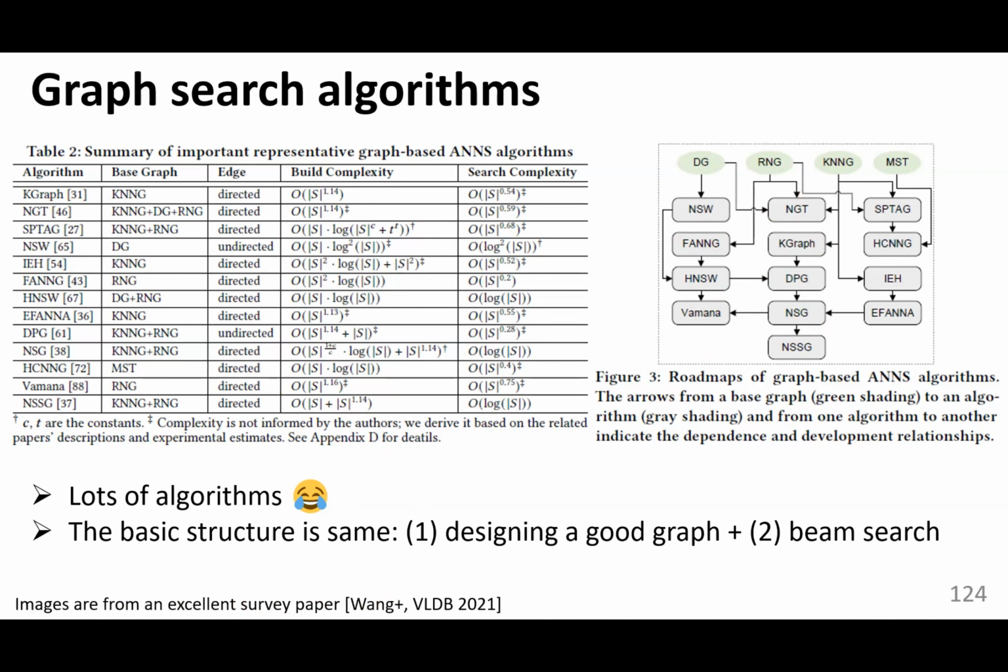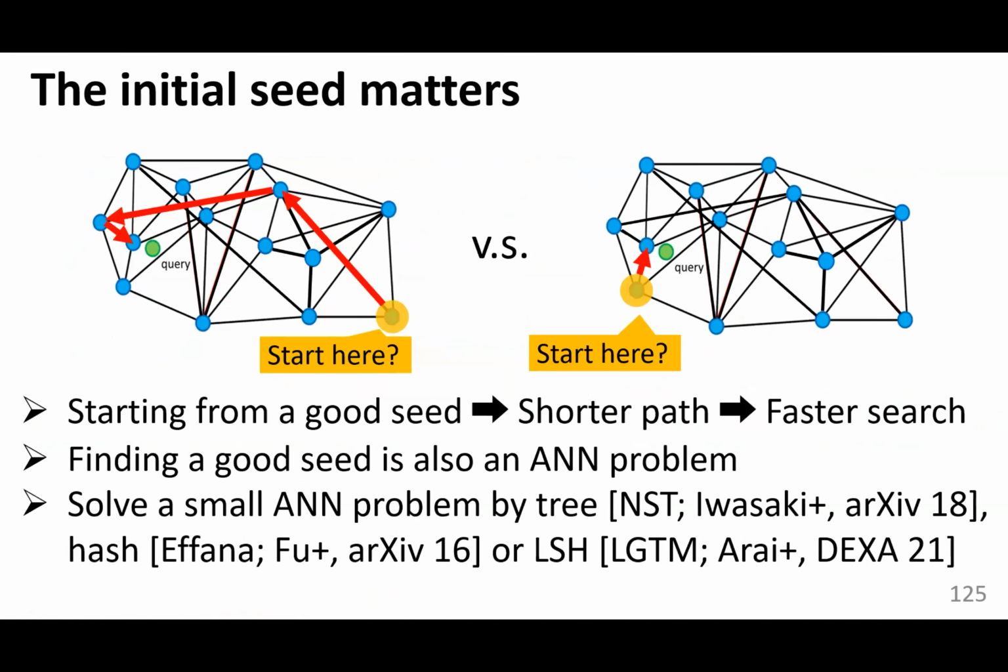Okay, and some topics. The initial seed matters. It's kind of obvious, right? So let's compare these two cases. Start from here, then we can maybe hop here, here, here, right? Or start from here, and in this case we can hop just once, right? So a good seed is obviously important. Starting from a good seed gives a shorter path, so faster search.